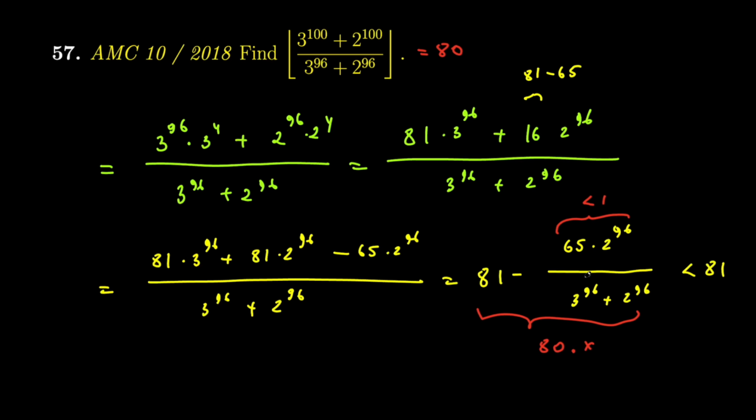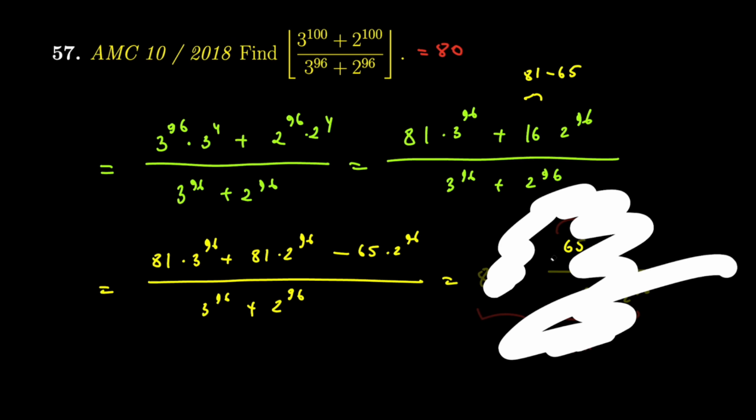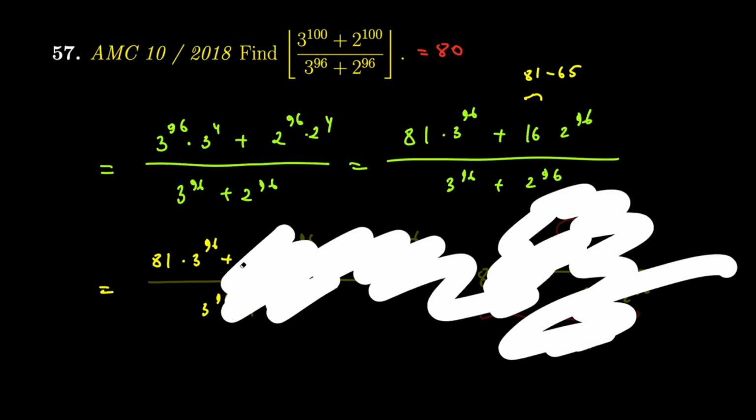And it looks like this one is less than 1, because 3 to the power 96 is much larger than 2 to the power 96. But let's prove it: if I prove that this is less than 1, then the answer would be 80. So I'm going to try to prove that this expression is less than 1.